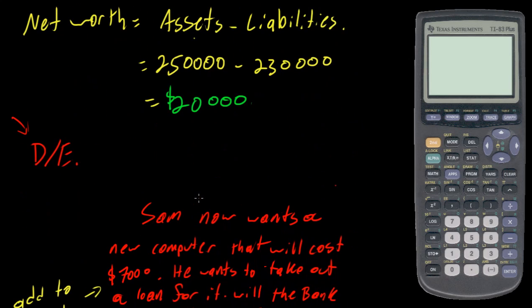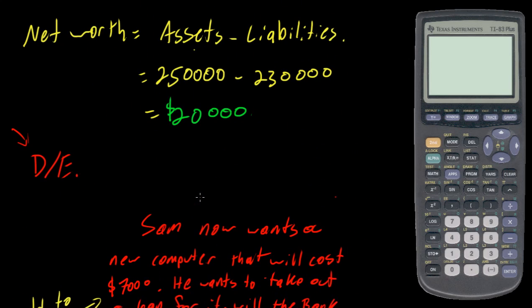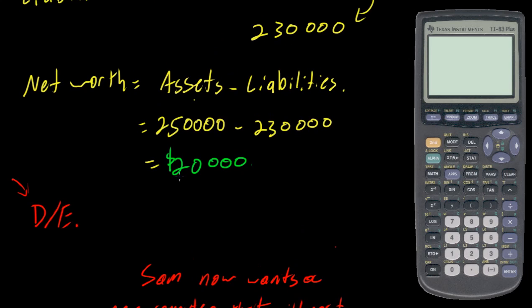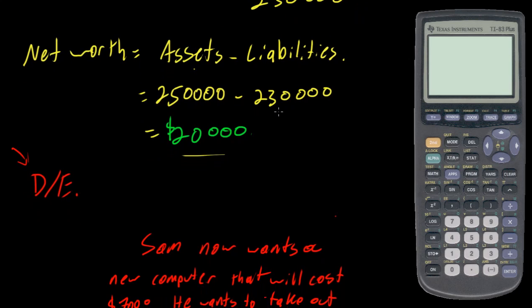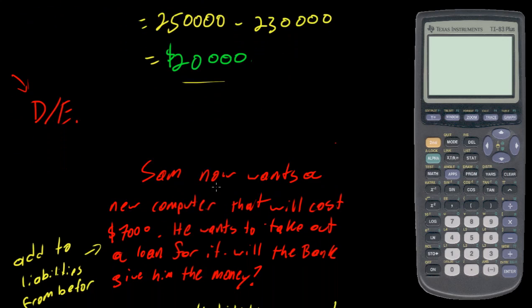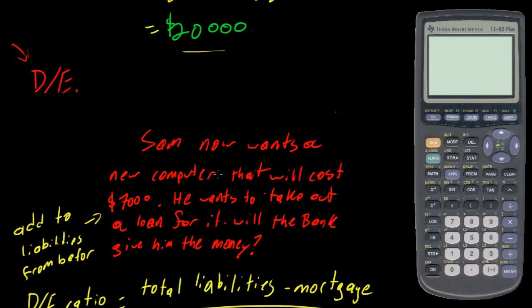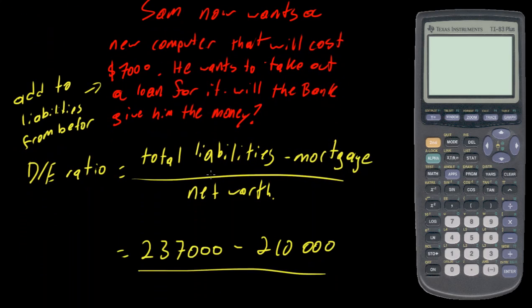Now, the net worth. The net worth here was $20,000, assets minus liabilities, except this time it's not going to be $20,000. We have to change our liabilities a little bit. Since he's going to add an extra $7,000 in terms of the loan, he's going to need to recalculate the net worth.